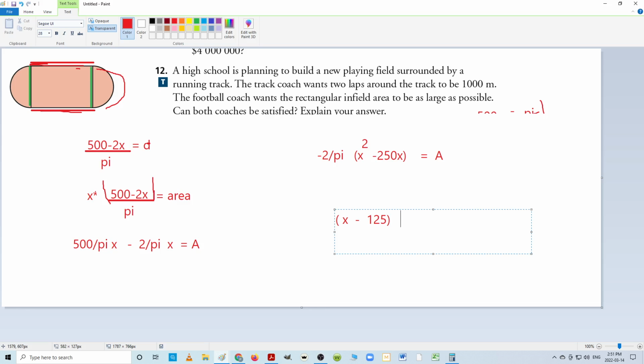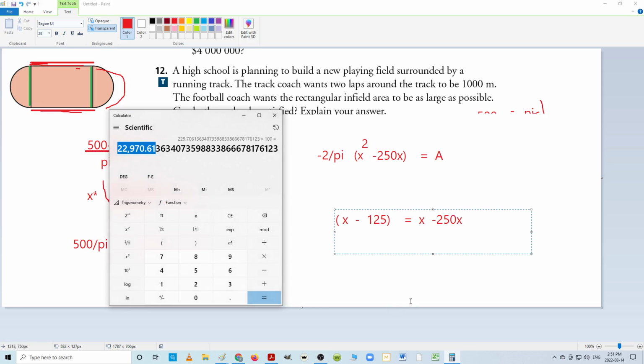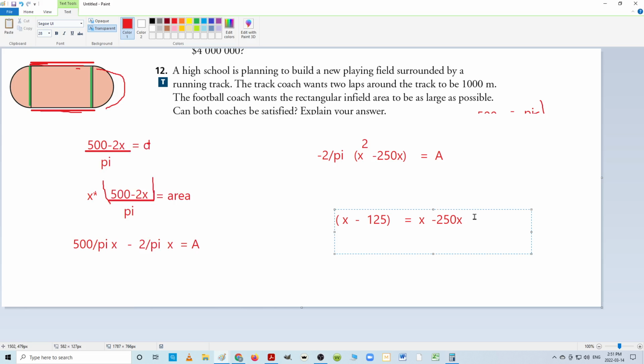If I expand the perfect square of that, I get x squared minus 250x, and then I just have to find out what minus 125 squared is. It's the same as positive 125 squared. It's this. Like that.